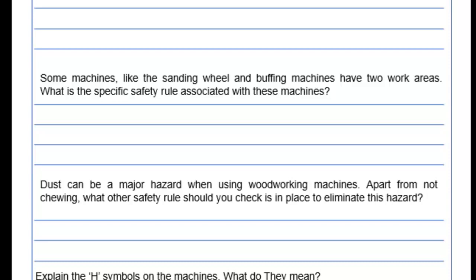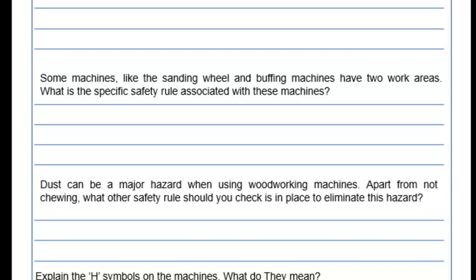So the next question is to do with dust, and it's talking about dust as a hazard in the workshop and using woodworking machines. So apart from not chewing, which takes the dust into your body, what other safety rules should you check are in place to eliminate this hazard?